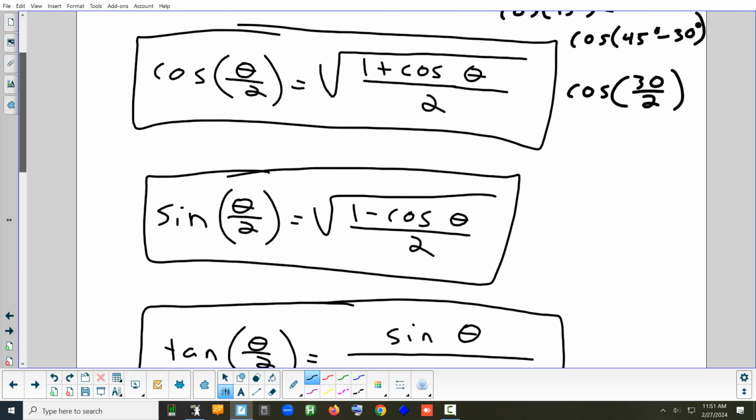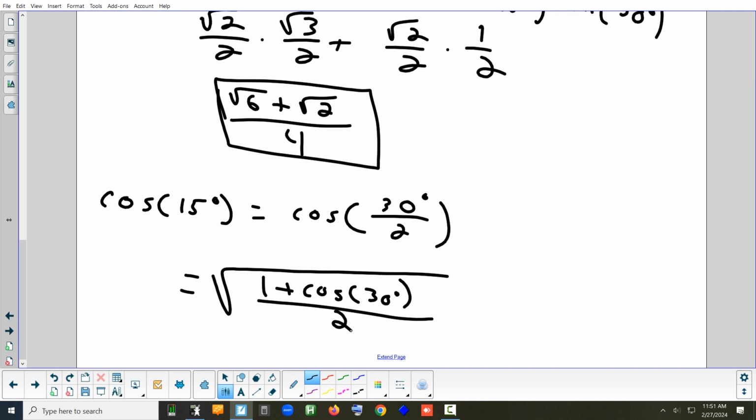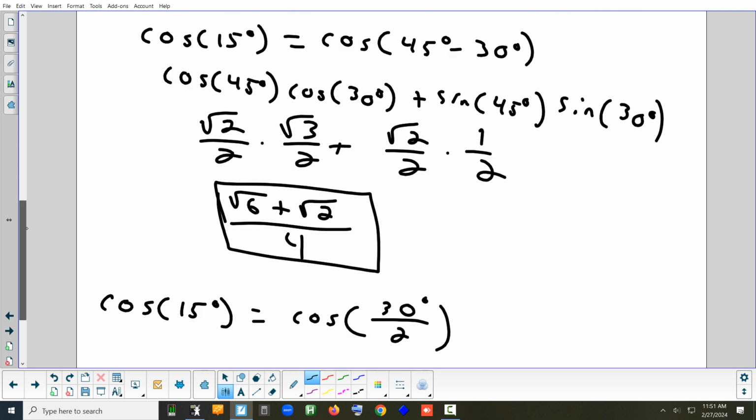Well, one thing is it doesn't require us to know anything about sine, where the formula up above did. This one just has cosine. And the cosine of 30, we just did that up above.